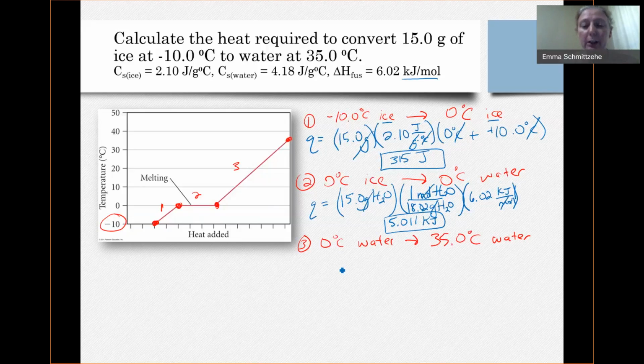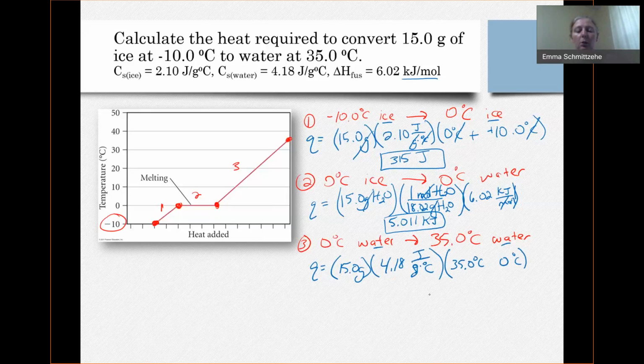The last one's a temperature change. And so our Q is going to be the mass, so 15.0 grams, times the heat capacity. And this time we're dealing with water, so we use 4.18 joules per gram degrees C. And then we do our change in temperature, so our final is 35.0, and our initial is 0 degrees C. So 15.0 times 4.18 times 35.0.